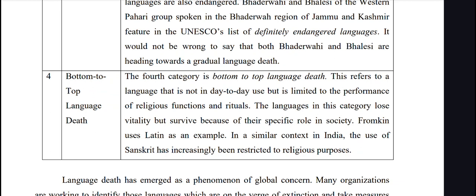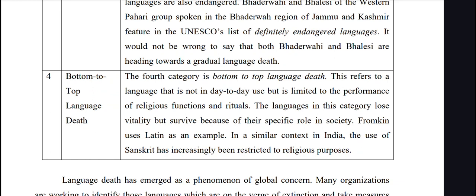The fourth category is bottom-to-top language death, where a language is not in day-to-day use but is limited to the performance of religious factors and rituals.